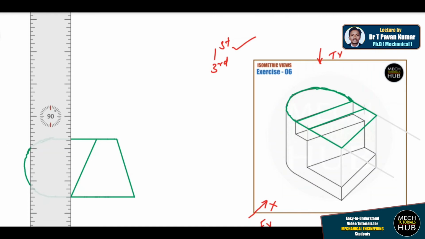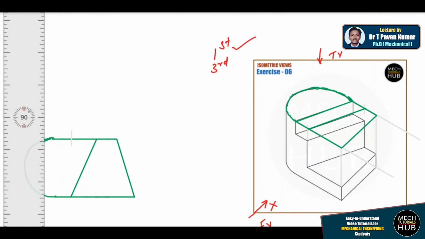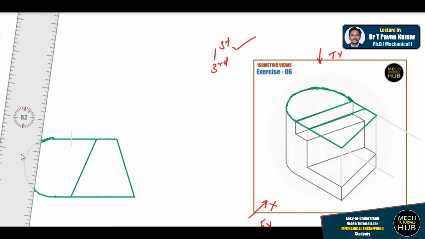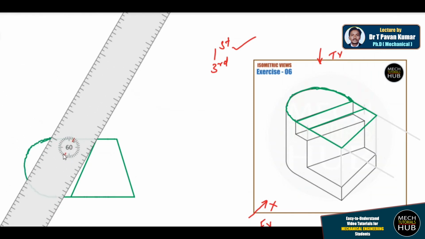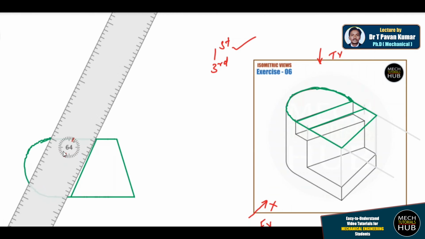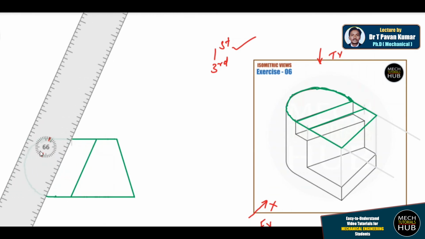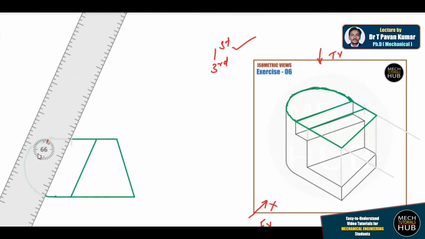So I'll consider one intersection line by using a construction line, then rotate your drafter and align with the line you have drawn just before. Okay, and align with this line and draw a straight line.